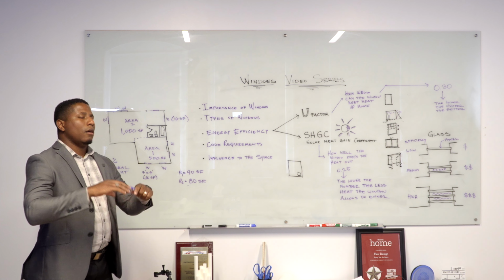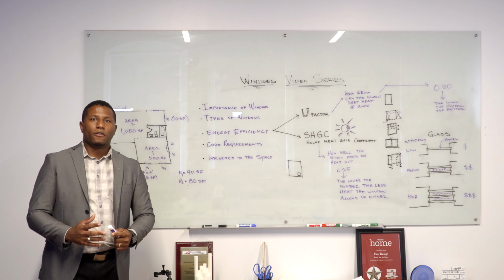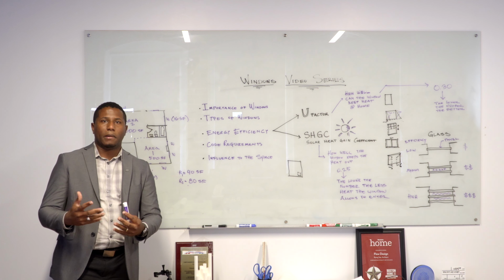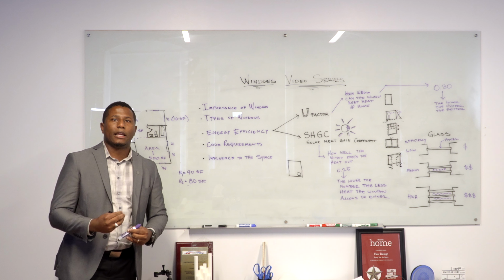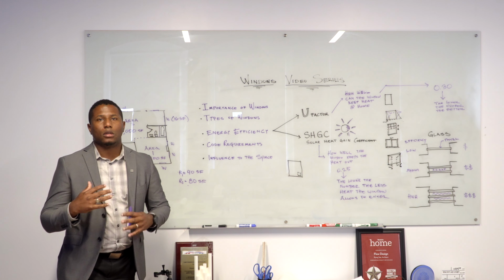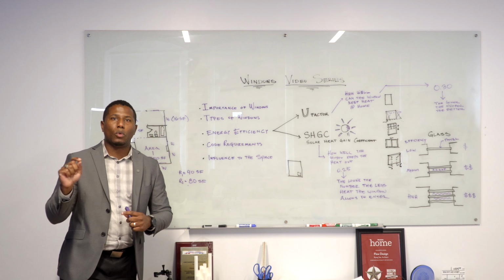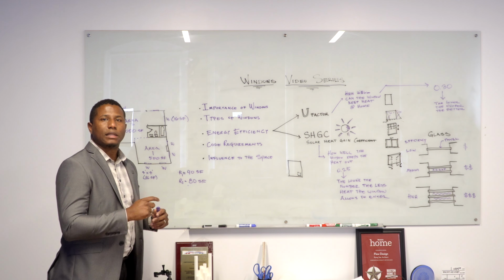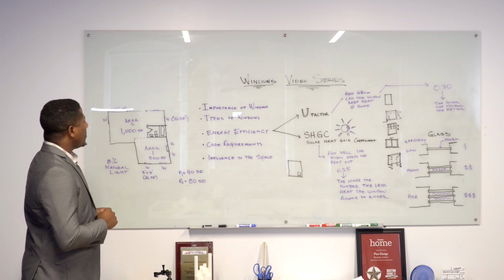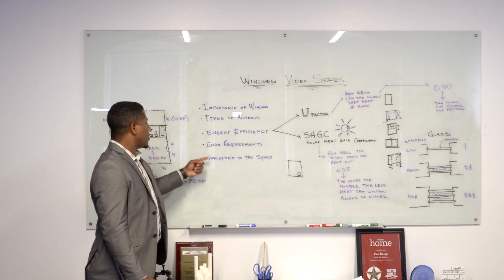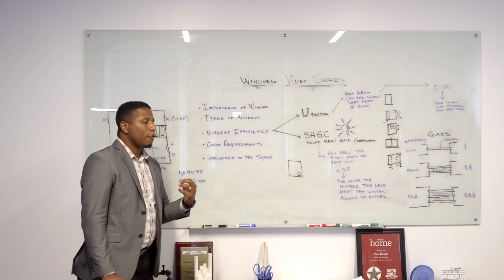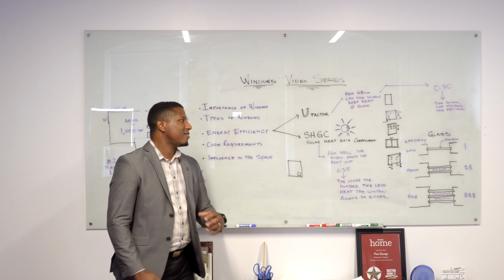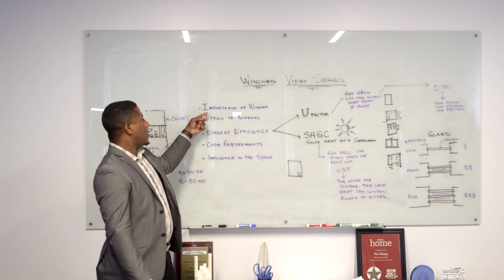So very important. This is a lot of information, but we want to talk about this topic so people are familiar and understand that we're not just placing windows here and there without any logic. You have requirements that you need to comply with.